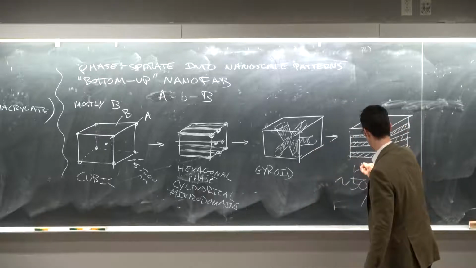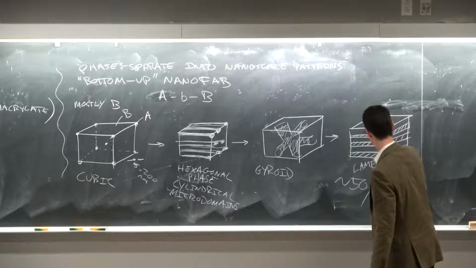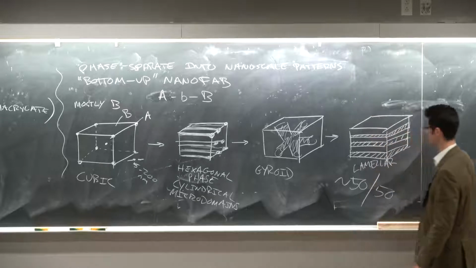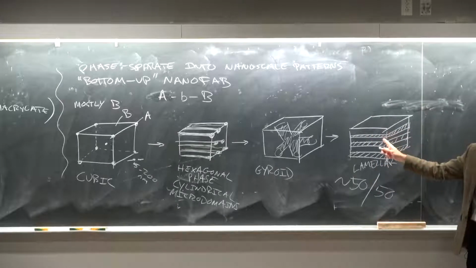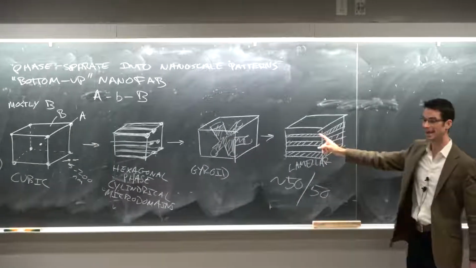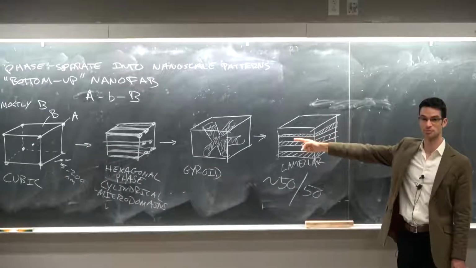This is the lamellar structure. Now this is the tipping point. We start adding more A, we get all these structures but in reverse.